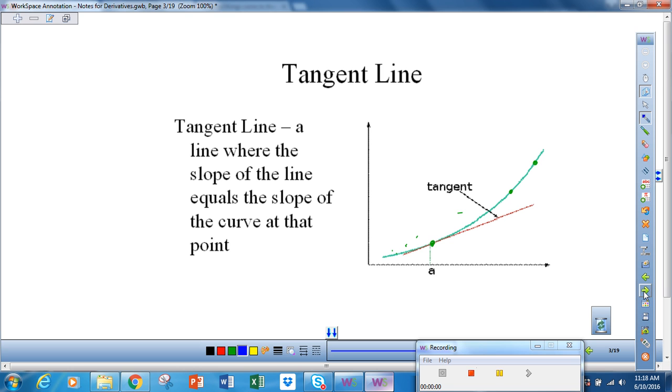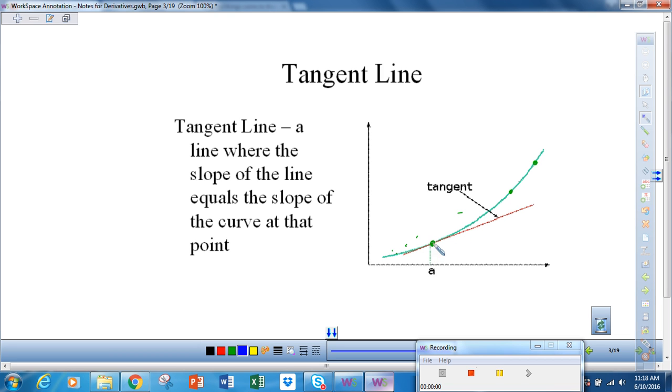Now, if we want to see what's going on at an instant, so the average rate of change is how things are changing over time. So if I want to know how tall someone grew over a year, that would be the average rate of change. But if I want to know how fast that person is growing at this instant, that would give me a tangent line, or the slope for the tangent line.